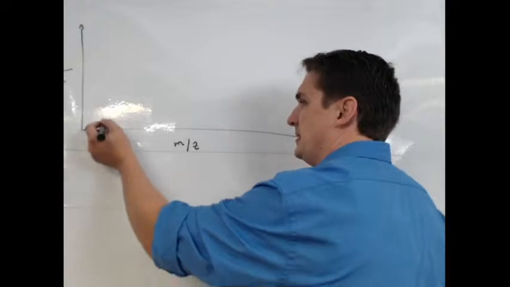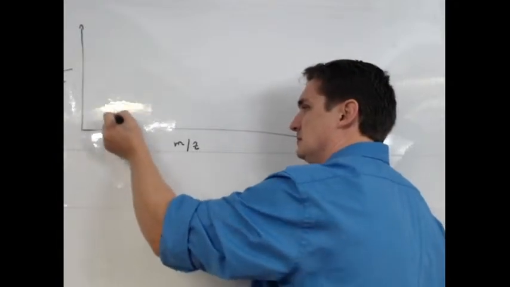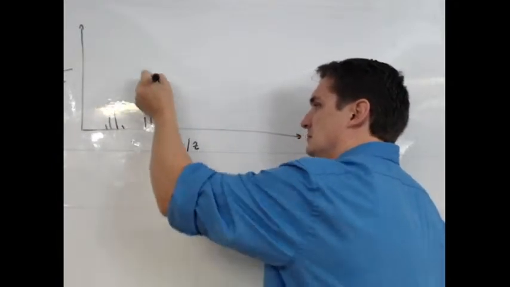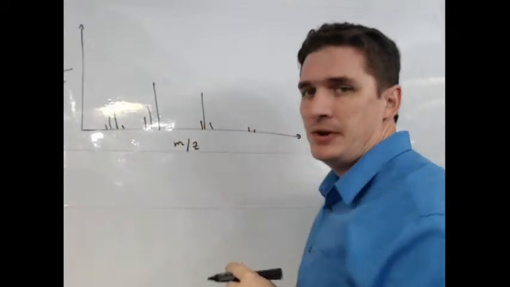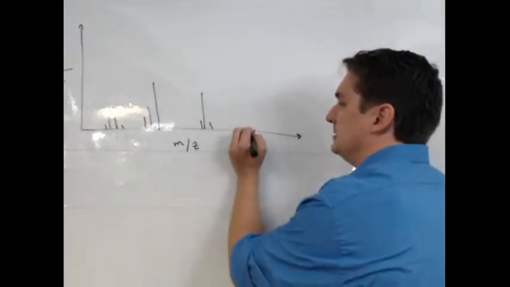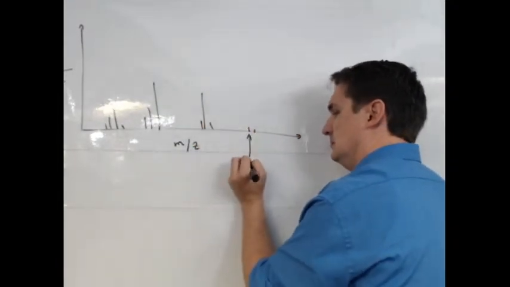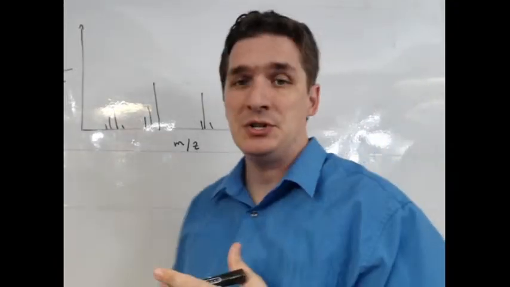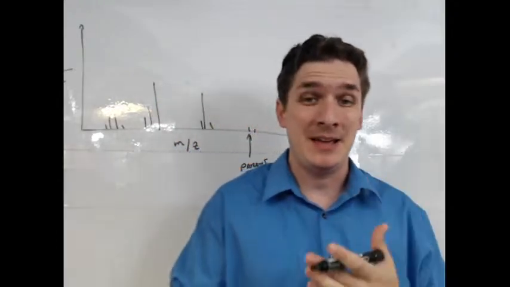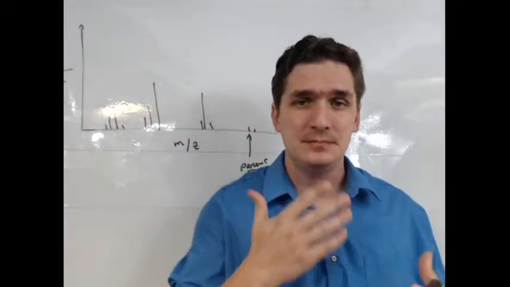So for a mass spectrum, let's just invent one. The most commonly used piece of information is what's called the parent ion. So what you're looking for is basically the heaviest or close to the heaviest peak.